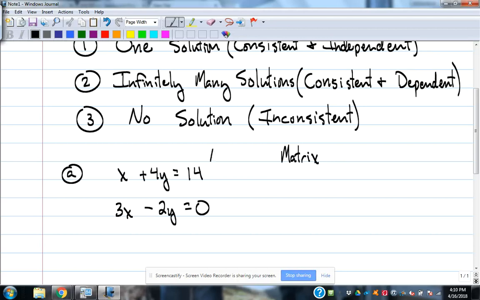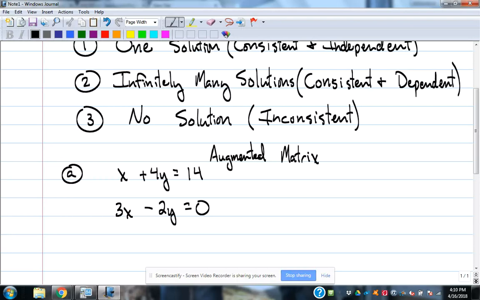And in our case, we're going to use an augmented matrix. An augmented matrix is taking these equations and writing it as a matrix. There's such a thing as a coefficient matrix, which would be the matrix with just the X's and the Y's, or the numbers in front of those. And then there's a solution matrix. An augmented matrix is a matrix that combines those two.